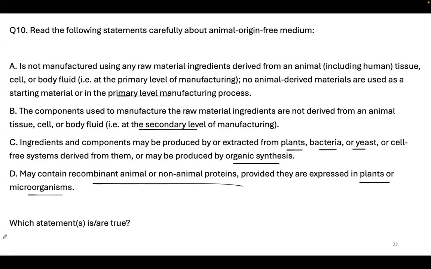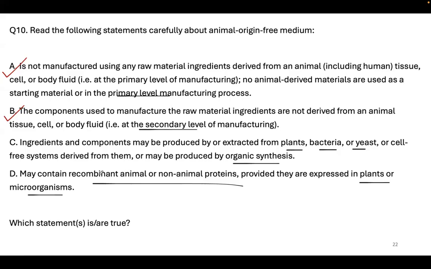So option one and two, yes, you're right. Option one and two are applicable. So it's not manufactured using any raw material at the primary or the secondary level. But also, it still has certain things. So where are they coming from? So they could be produced in plants, bacteria, or yeast.